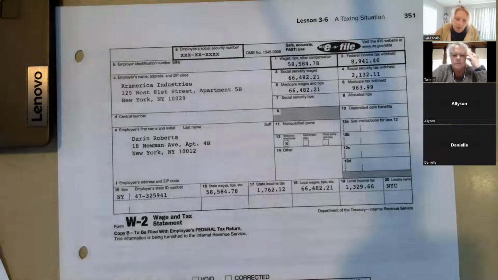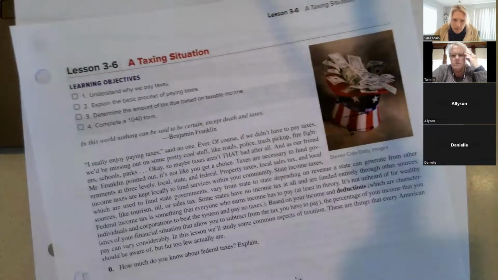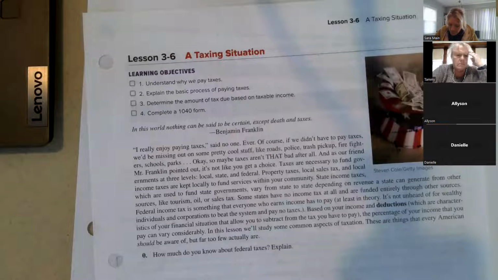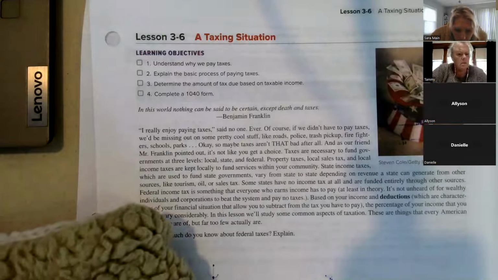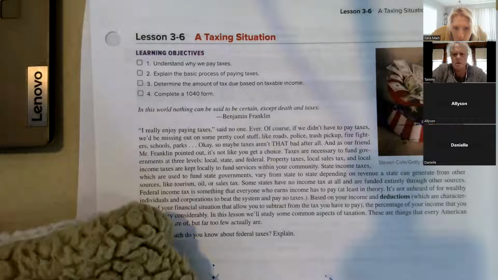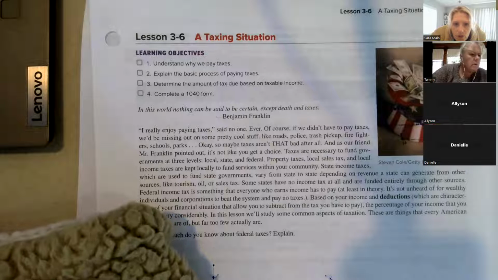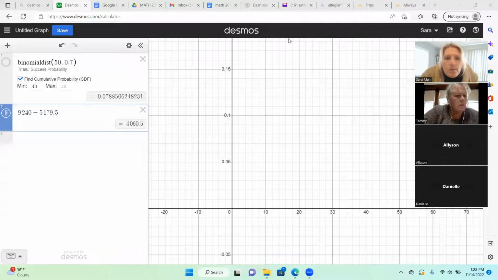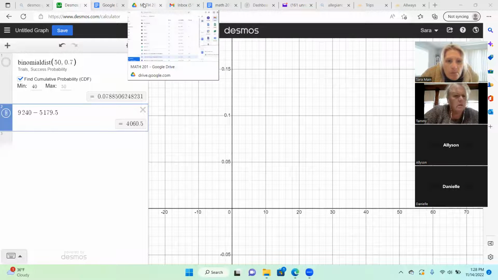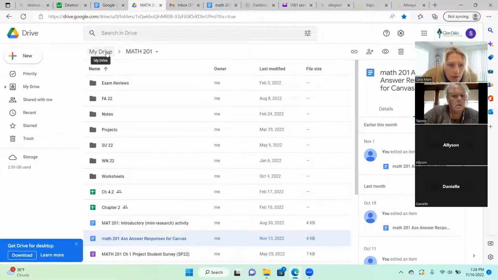It's supposed to be a little bit easier than it was based on your income for your withholding. But what I would like to do is go to here.